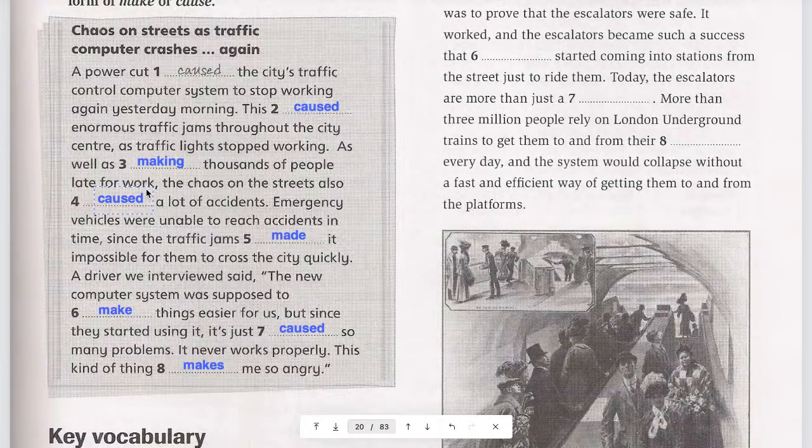Now, number 4. Stop. Read that. The chaos on the streets also caused a lot of accidents. Yes, caused a lot of accidents. But here you still have to use caused with ed. You used that already, right? Now explain that to me.